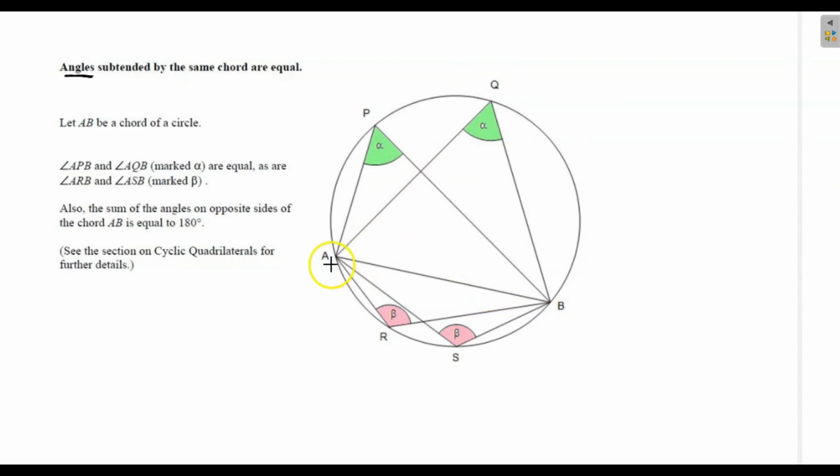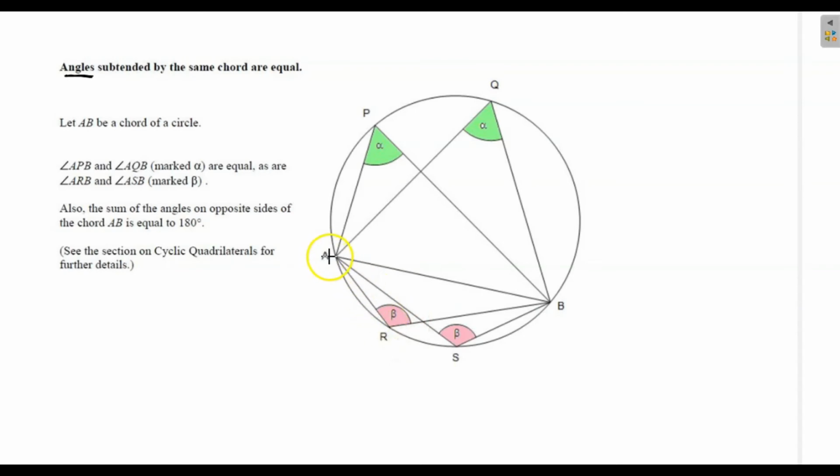I'm using the word points for the fact that maybe tomorrow you might not see the chord. It might just be missing, and therefore you only see A and B there. Still, that property holds. Likewise, when I come into the minor segment, you realize that we have angle ARB. R is a point on the circumference of the circle, and it makes an angle beta.